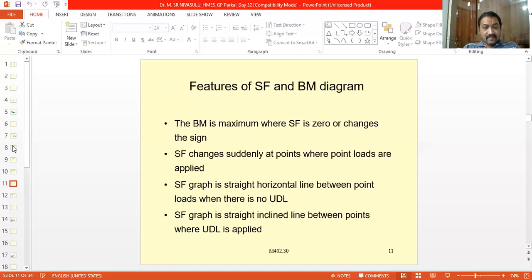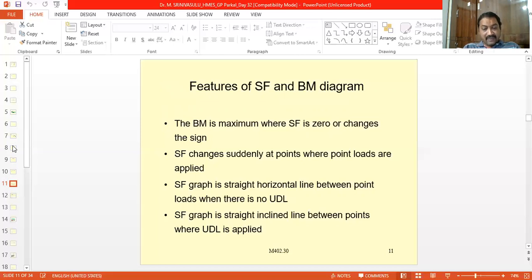The next point is the SF graph is a straight horizontal line between the point loads when there is no UDL. If there is no UDL and we only have point loads, then the shear force is a straight horizontal line between the point loads. You must remember that the shear force is a straight line between two point loads if there is no UDL.